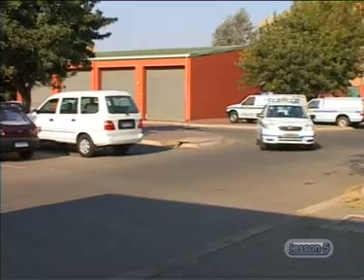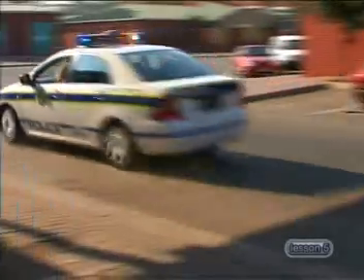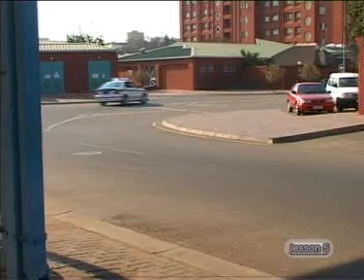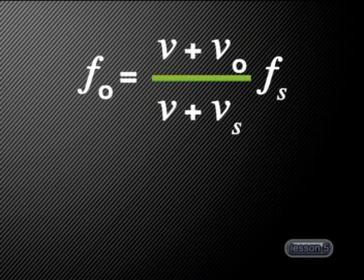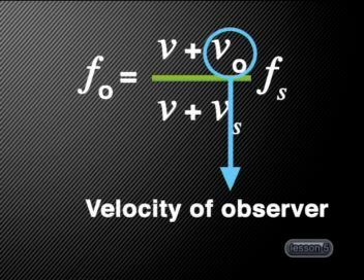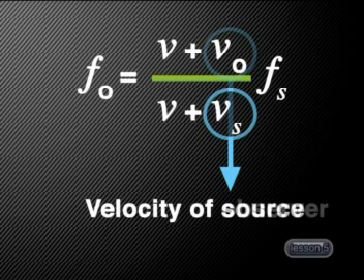You should recall that the Doppler effect describes the change in frequency that is observed when a wave, a source, or an observer are moving relative to each other. We learned in the previous lesson that the observed frequency can be calculated using the following equation: fO equals (v plus vO) over (v plus vS) times fS, where vO represents the velocity of the observer and vS the velocity of the source of the waves.